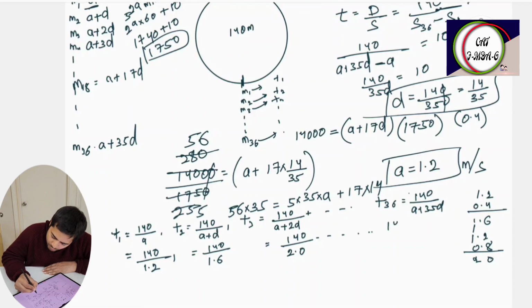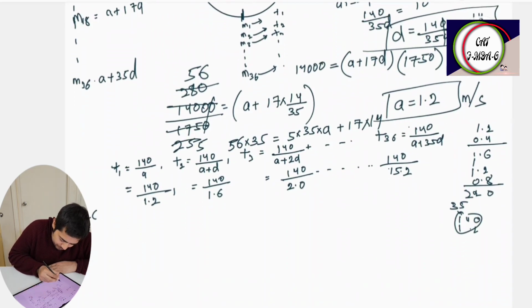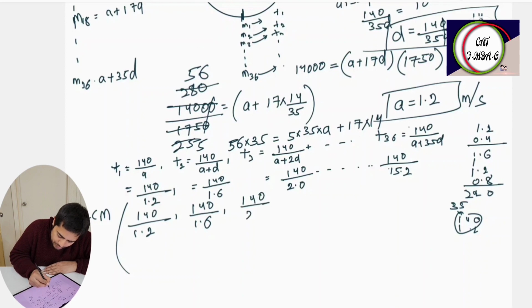Similarly, 140 upon 35 into 0.4, which is 14, plus 1.2, so 15.2. Okay, and you have to find the LCM of 140 divided by 1.2, 140 divided by 1.6, 140 divided by 2.0, up to 140 divided by 15.2.